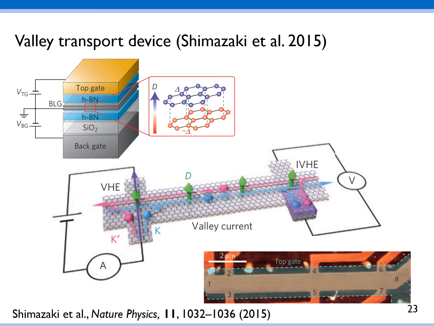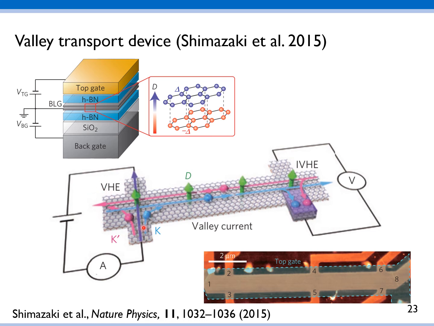The valley transport here, which would be like an element you could use in a classical computing integrated circuit, happens in this device as follows. You have the circuit on the left-hand side, and there you induce the valley Hall effect. So you can see particles flow in different directions depending on which valley they are excited in.